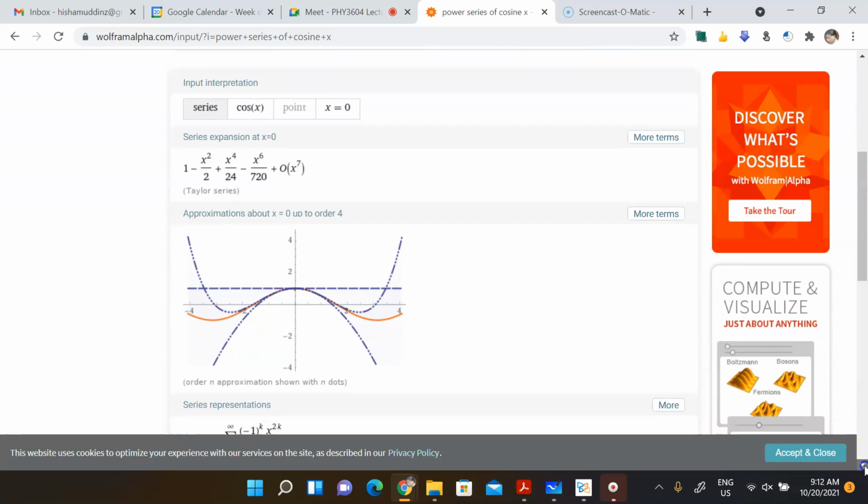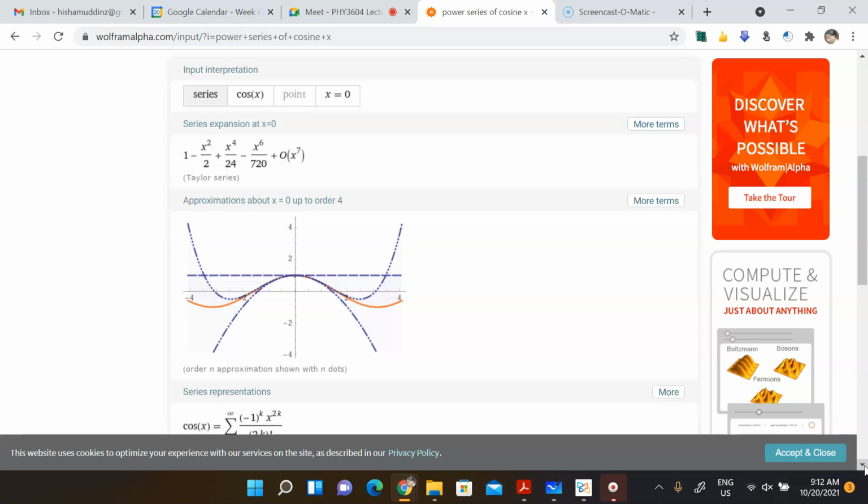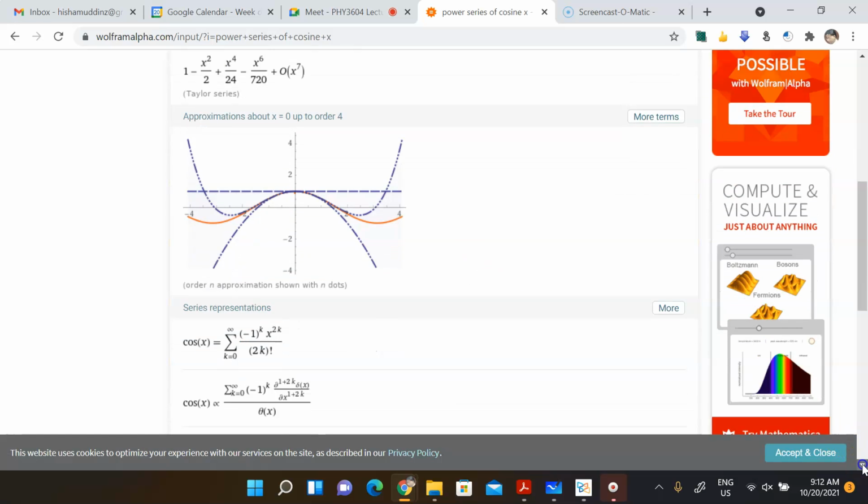There you go. So you get all these even powers of x as your power series for cosine x, and then the general form is actually given below.